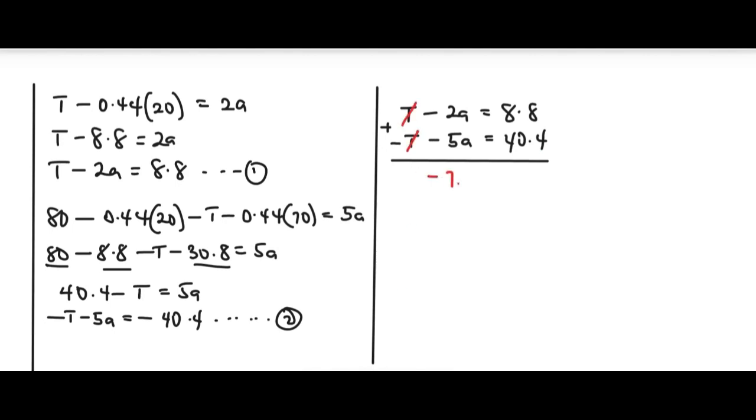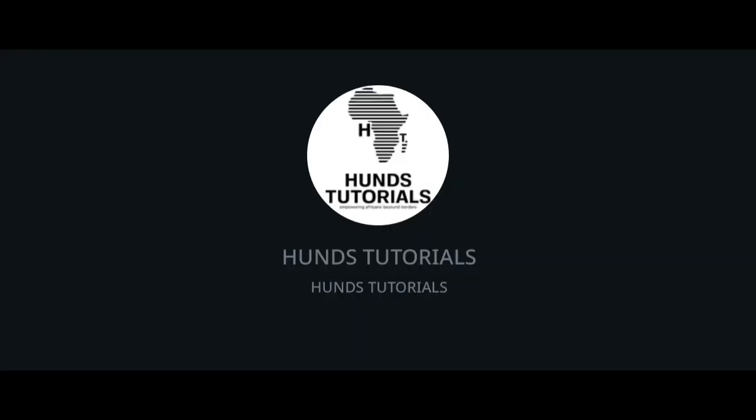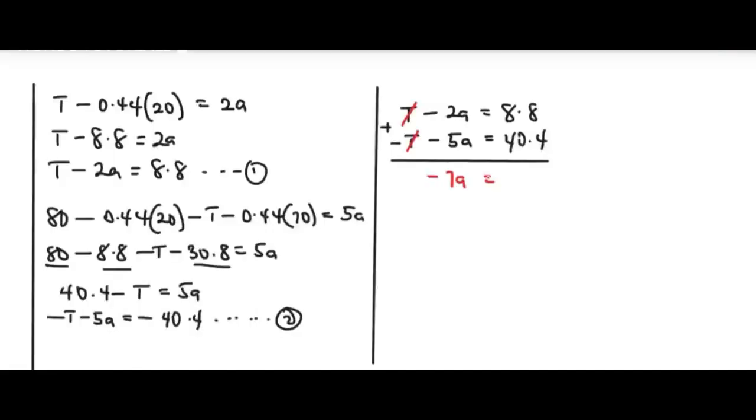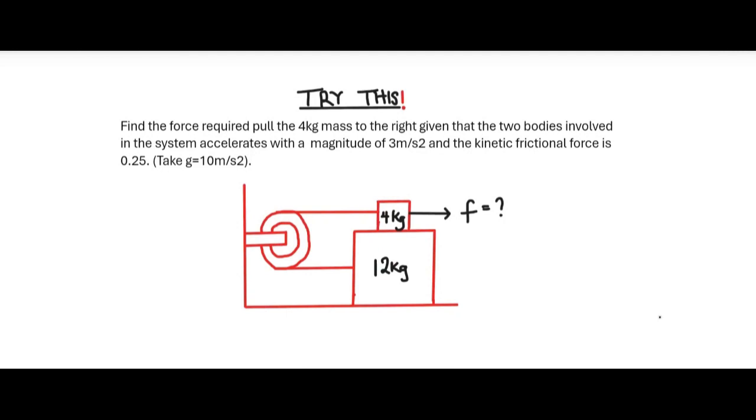This becomes minus 7A equals 8.8 minus 40.4. So that's giving me minus 31.6. Divide both sides by minus 7. Acceleration will be equal to 4.51 meters per second squared. Try this.